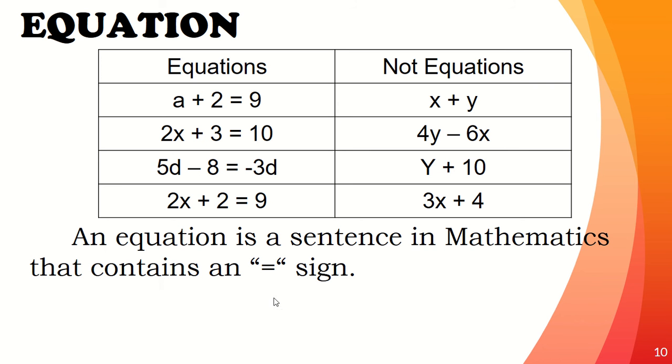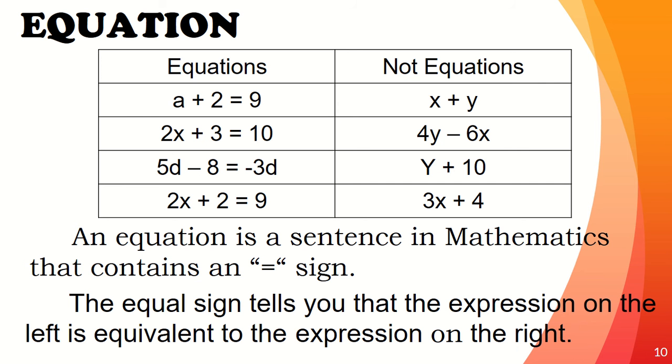So, an equation is a sentence in mathematics that contains an equal sign. The equal sign tells you that the expression on the left is equivalent to the expression on the right. So when you solve the expression on the left, you will get the expression on the right.